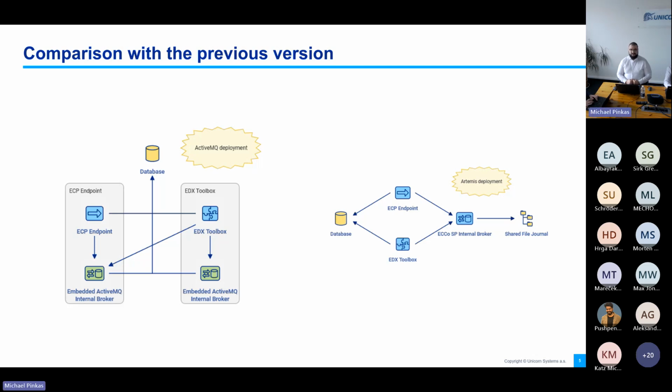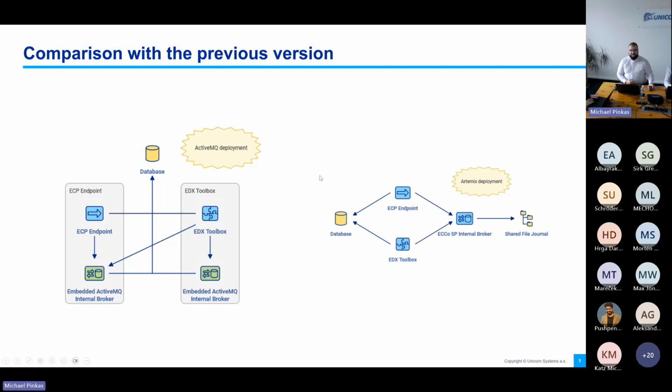However, this changed since this year's spring release, version 4.14, where the ActiveMQ Classic internal broker was changed to the ActiveMQ Artemis internal broker, and together with this change, the internal broker is now a completely separate component, as you can see on the picture on the right side.